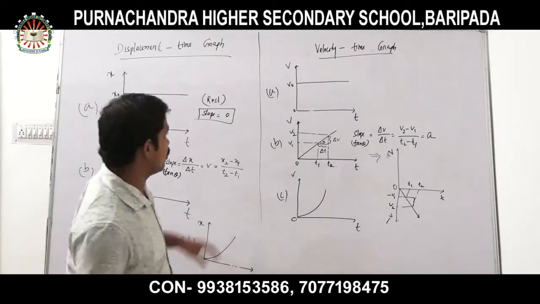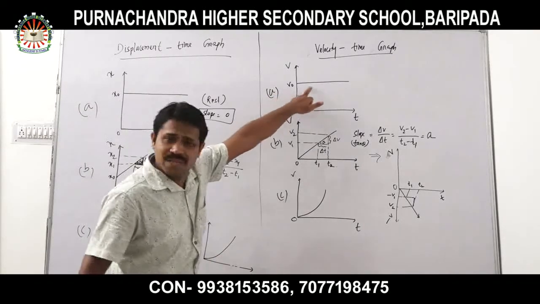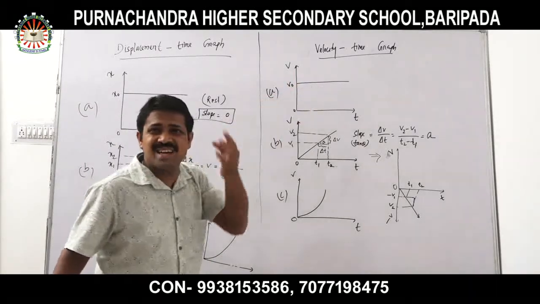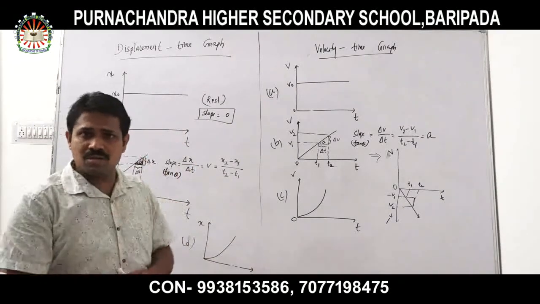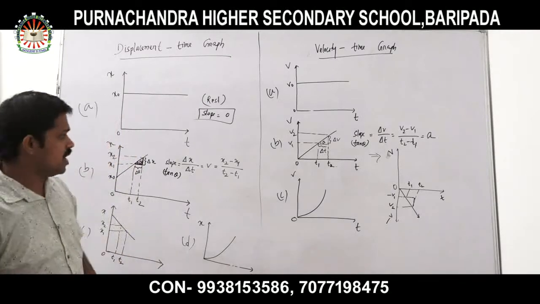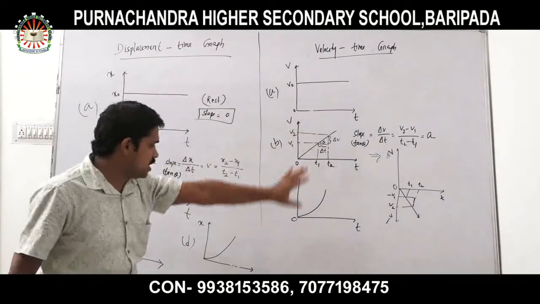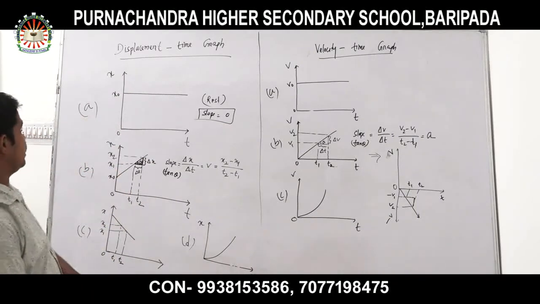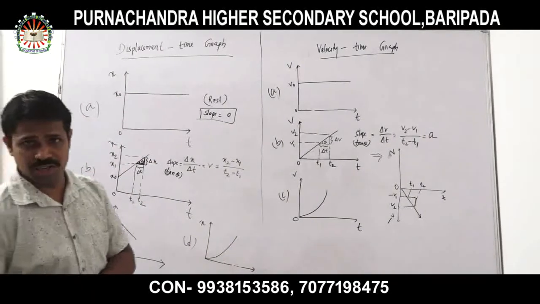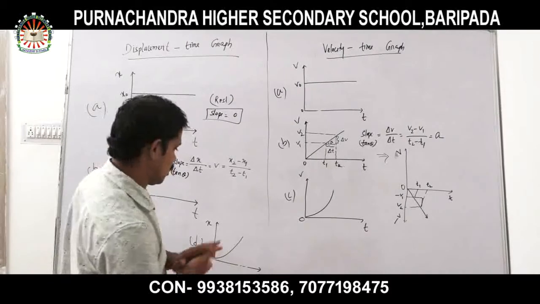Both are the same. And in this case, the slope is zero. Very simple. Slope is zero means acceleration becomes zero, so there is no acceleration. The velocity remains constant. Understood, all of you? So these are the summary of the discussions, a very important discussion about the displacement-time graph and velocity-time graph. All of you understood? Okay.